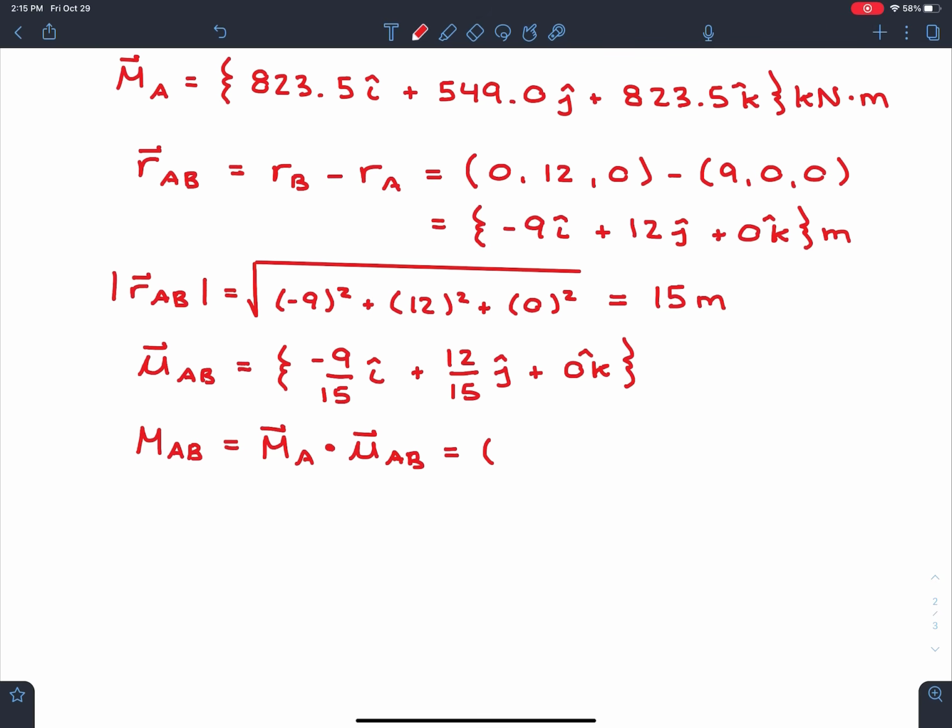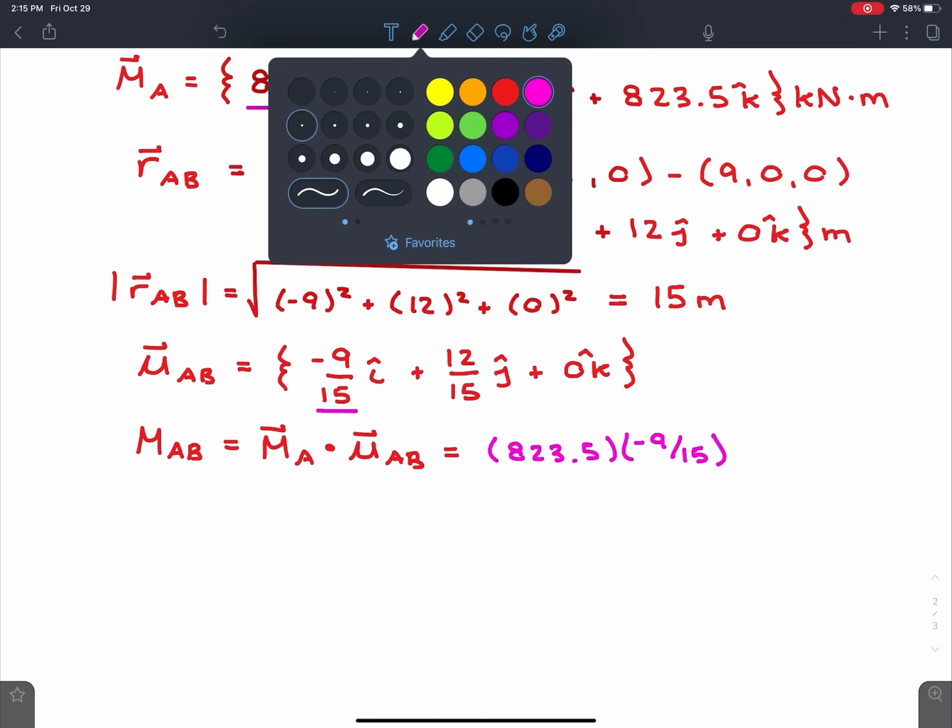So my first component, actually I'll switch to pink, is we're going to take the i component, negative 9 over 15, and multiply it by 823.5. And I'll keep it like this so that we can see. So we've got the 823.5, and we're now multiplying that by negative 9 over 15. That's our first component.